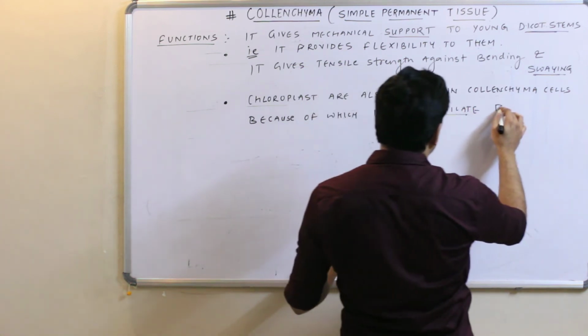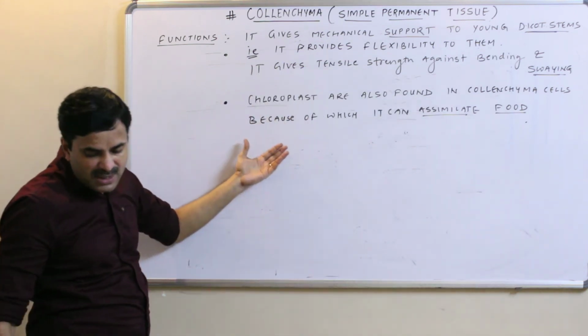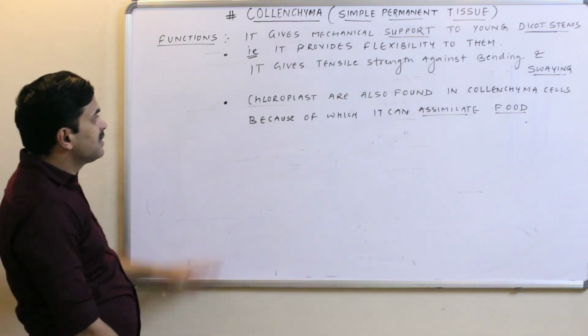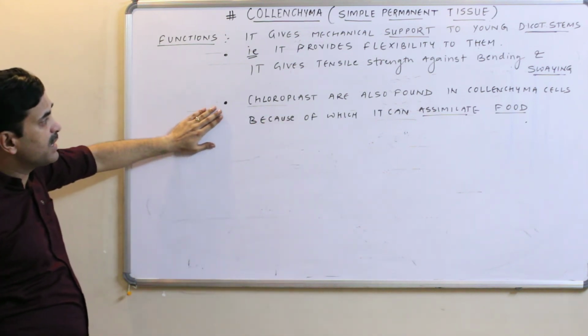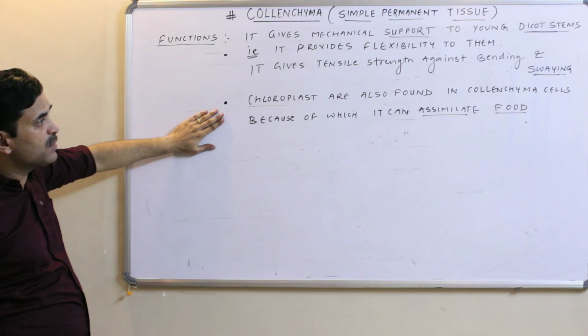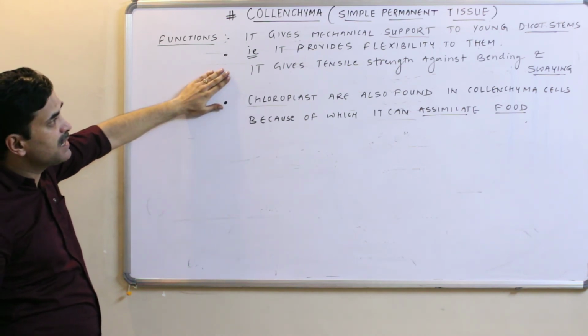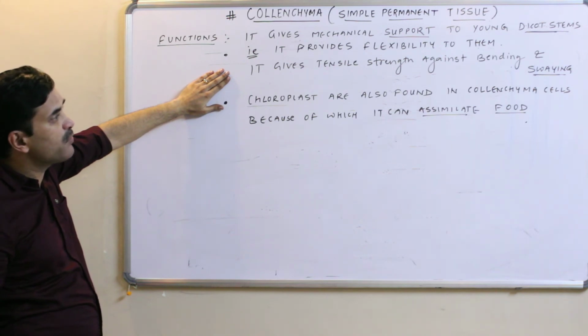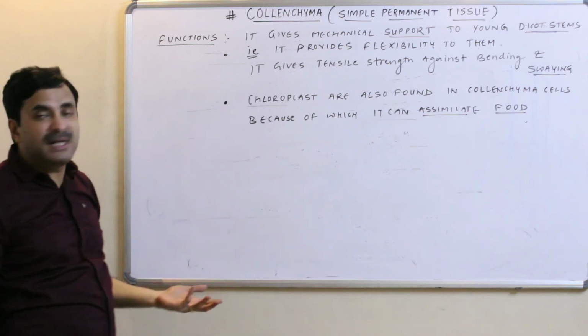Why? Because it has chloroplasts in it. So chloroplasts are also found in the collenchyma cells, because of which it can assimilate food, and it gives mechanical support to the young dicot stem. It provides flexibility to them, or I can say it gives tensile strength against bending and swaying.